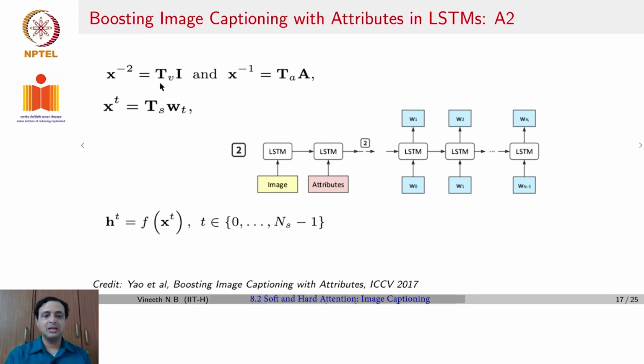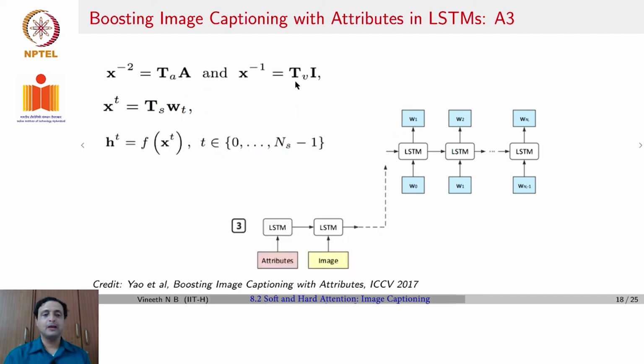Once again, TV and TA are transformations which are given by learnt weights. So you could imagine that TV would be a set of weights here, and TA would be a set of weights here, which are learnt when you backpropagate from the output. Those are other weights that you learn. So this was a variant known as A2.